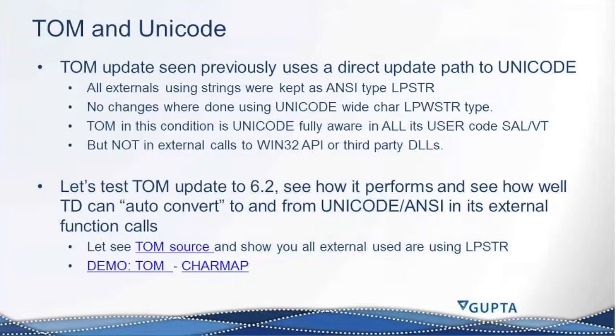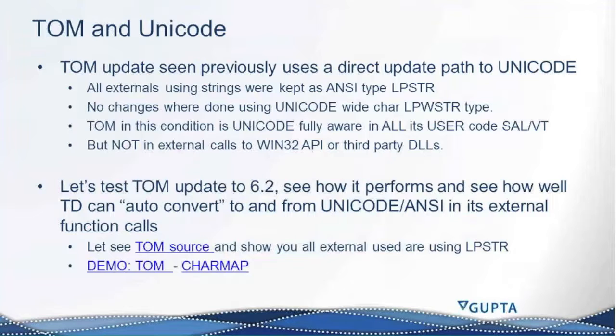So Tom and Unicode. The Tom update seen previously uses a direct update path to Unicode. What I'm trying to say here is that the direct path is when I'm not adjusting to Unicode. All I did was migrate my application to TD 6.1 and I haven't changed anything.